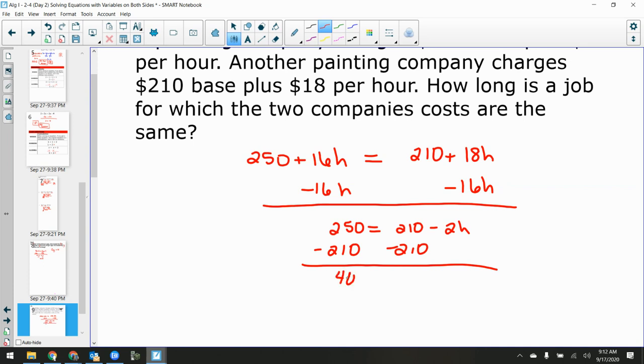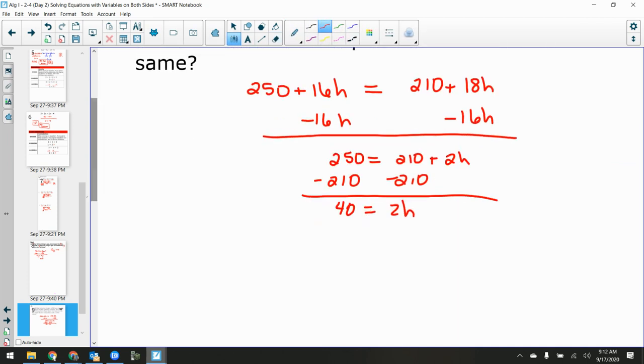We get 40 is equal to negative, wait, positive. I was going to say, there's no way that should be negative. And then we divide by 2, so 20.